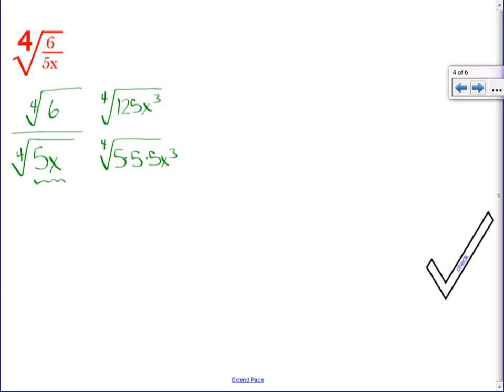So if we multiply across, if we put these items down here together, we'll have 4 5s and we'll have 4 x's. So what would that answer be if we take the fourth root of that? 5 and x. Okay, so on the bottom over here, we'll have 5x.